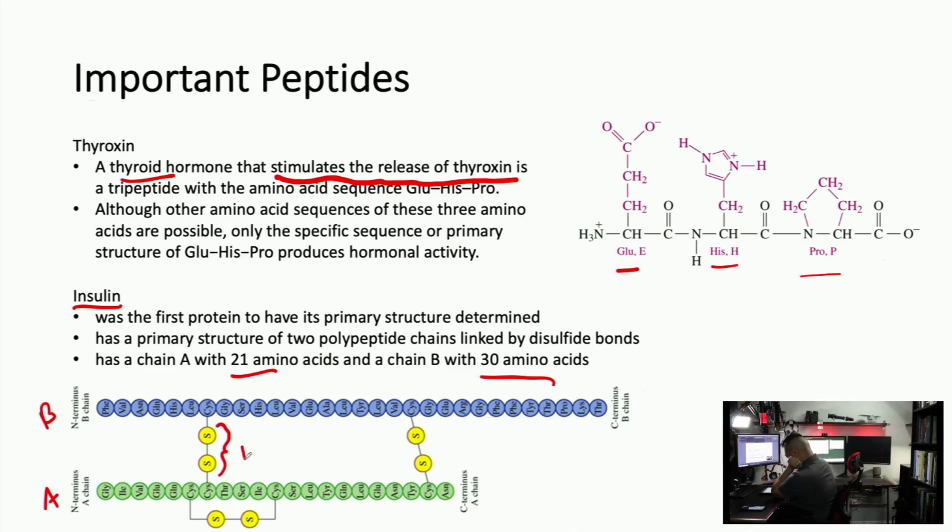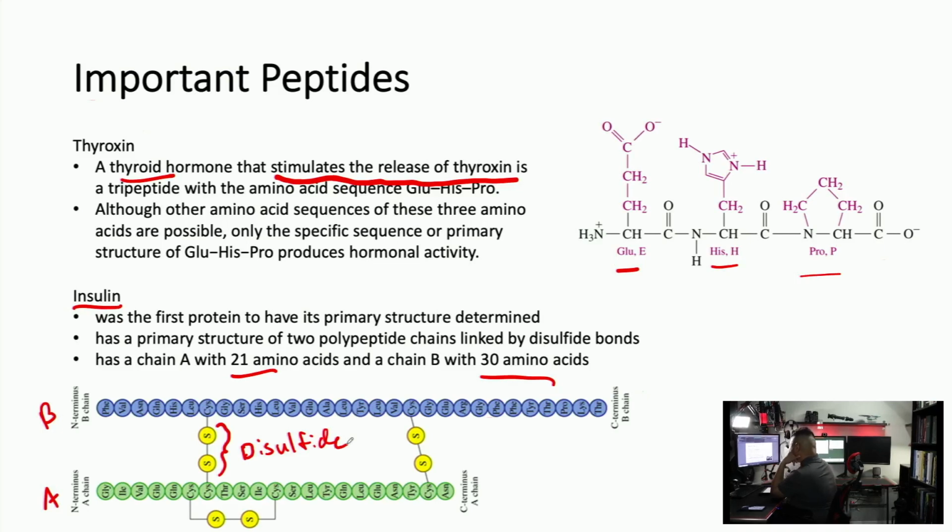But these are the disulfide bonds. Disulfide bonds, right? They're the covalent interaction that holds proteins together, or in this case, primary structures together, right? And you notice here there's a sequence of amino acids going from the N terminal to the C terminal, right, on both chain A and chain B.